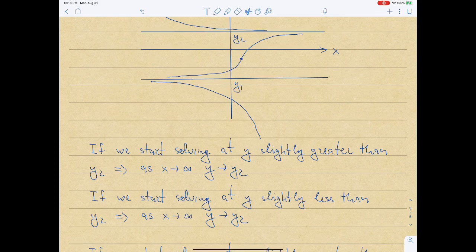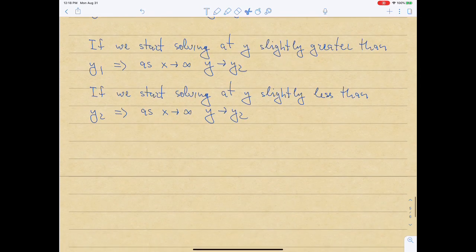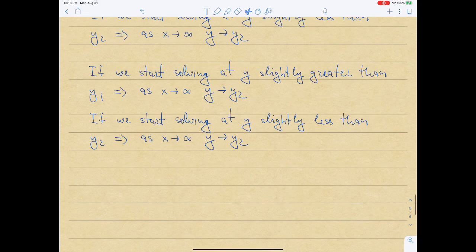What will happen is that the solution will push away from y1. And if we start slightly less than y1, then again the solution will be pushed down away from y1. So then in both cases, y goes away from y1.